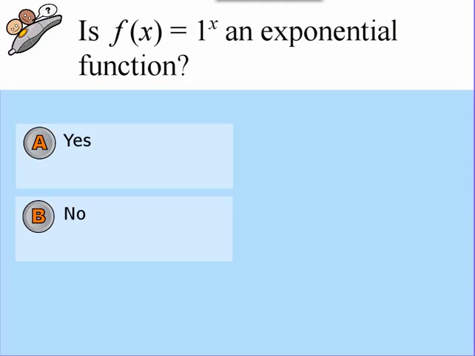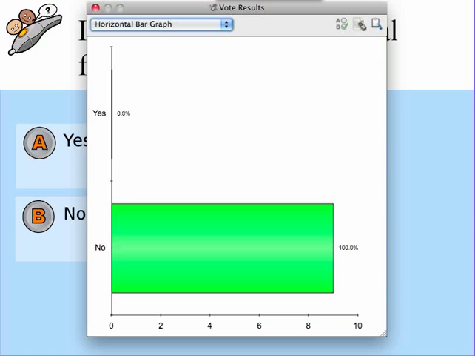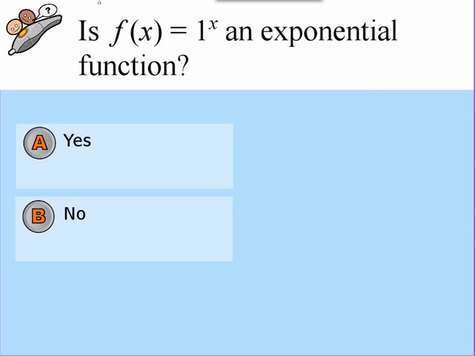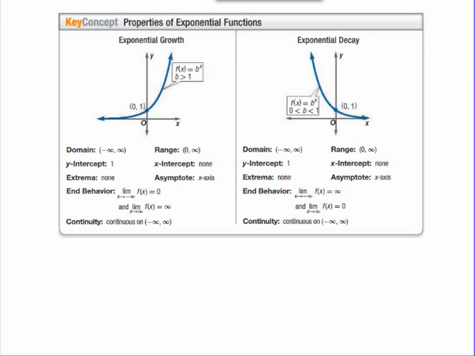Okay, let's try this one. Is that an exponential function? 1 to the x power. No. Good. Why is it not? b can't be 1. Your base can't be 1.